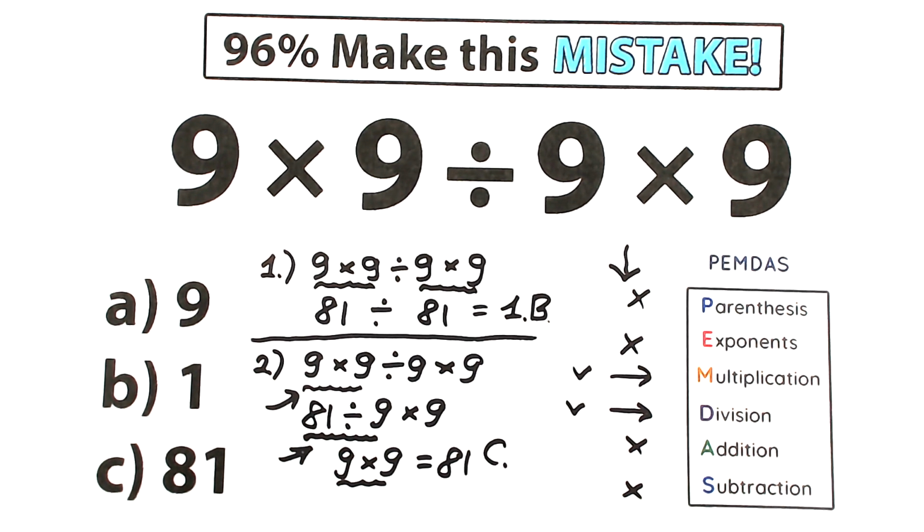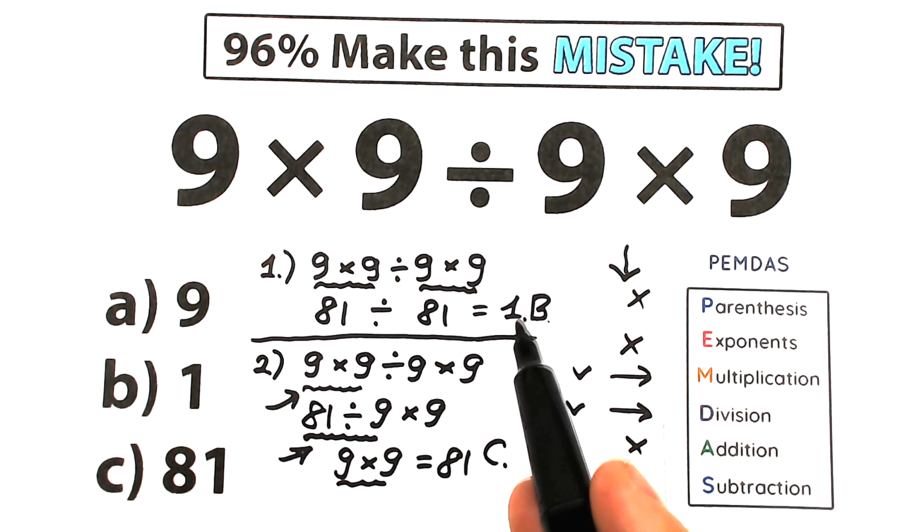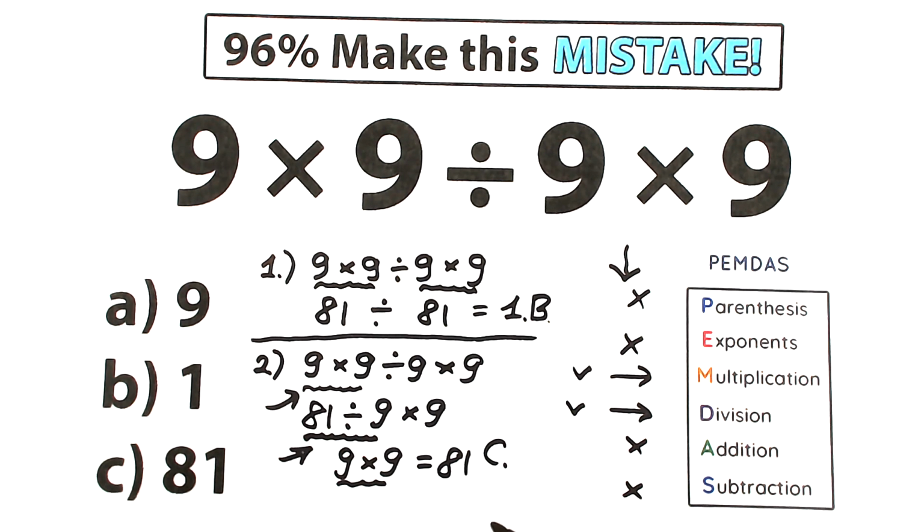A lot of students are confused, and a lot of students argue with each other about the answer. One part of students say the correct answer is B, another part say it is C, and it turns into a big argument. Here's my explanation. The first interpretation looks like a great solution, but in the same way, it is the worst solution, because you solve this question absolutely randomly. We just multiply right here and multiply right here, which is a very bad thing. We can't solve our challenges randomly.